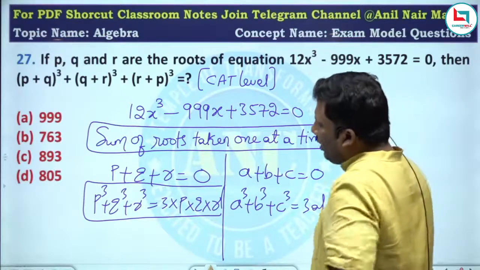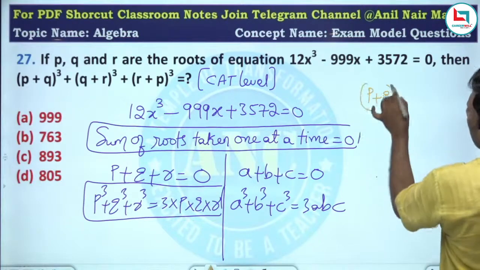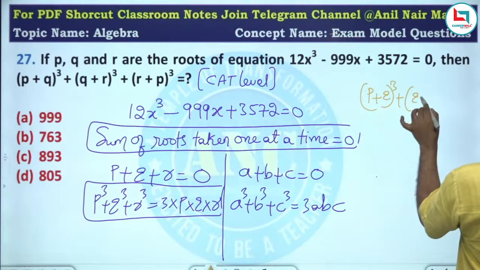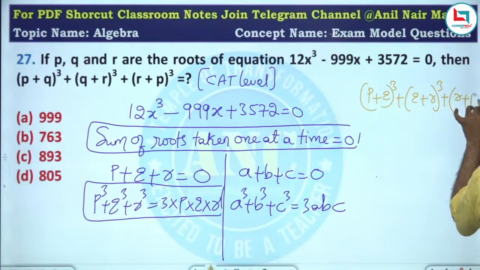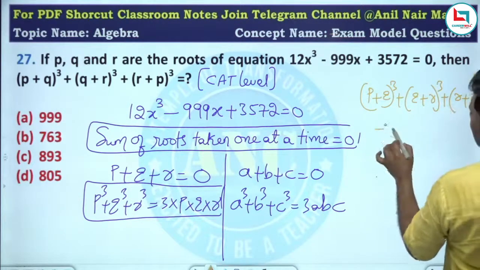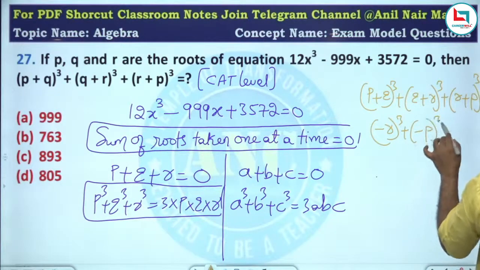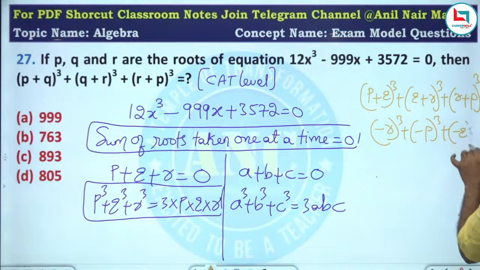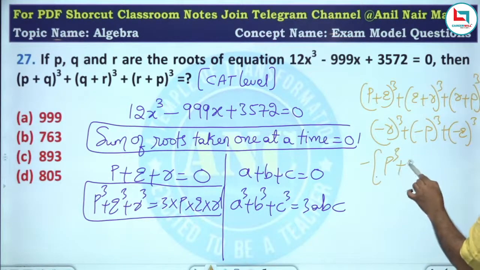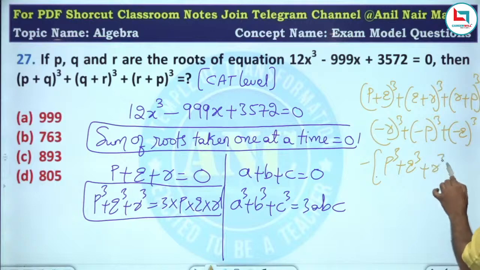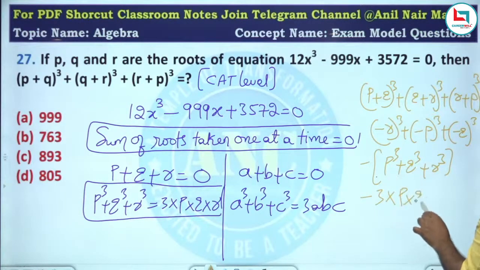Now the question is P plus Q whole cube plus Q plus R whole cube plus R plus P whole cube. P plus Q is given by minus R. Q plus R is given by minus P. R plus P is given by minus Q. So it is minus of P cube plus Q cube plus R cube, which is given by minus 3PQR.